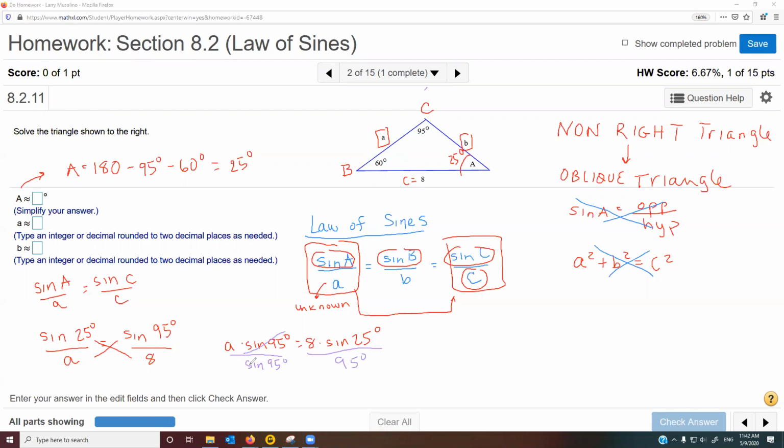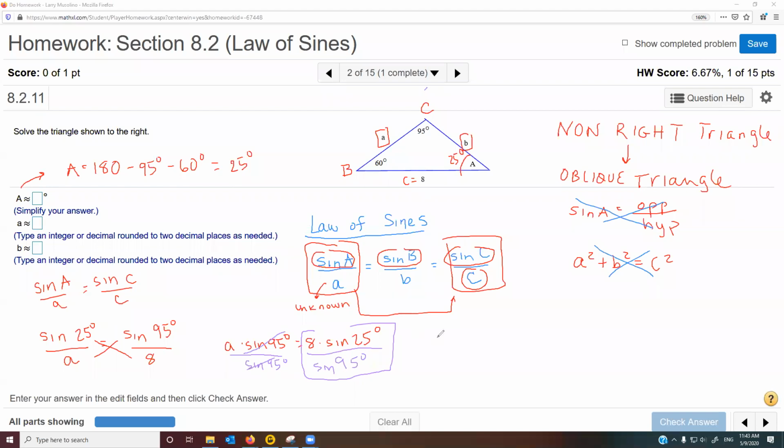Okay, that's going to let me calculate side A. I'm just going to type this into my calculator all at one time. I'm not going to do this one step at a time, where I find sine 25 degrees first and write that down, and then find sine 95. That's too much effort. It's much easier for me to just enter this all at one time in my calculator.